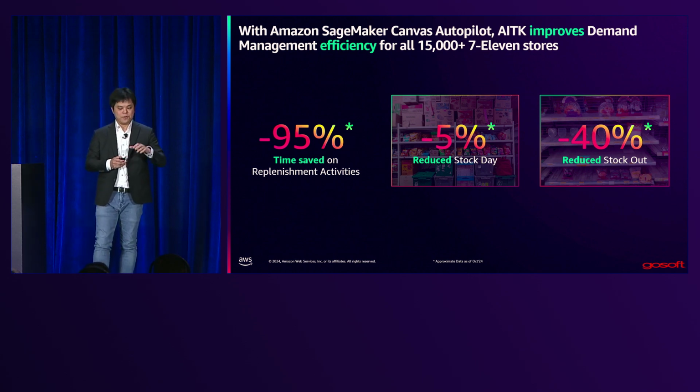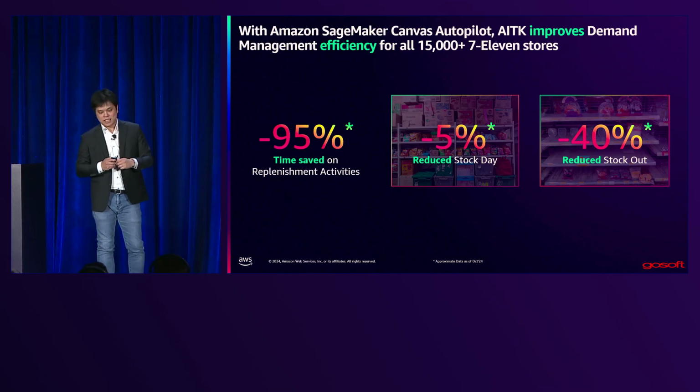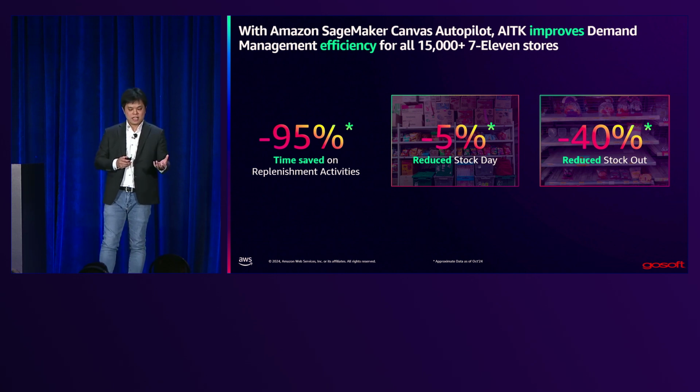And so when we can automate this process, like the daily process, we can let our staff take care of our customers. And that's all from my session. This will conclude how Gosoft leverages SageMaker in our demand forecasting solution. So I will hand it back to Uwashi.